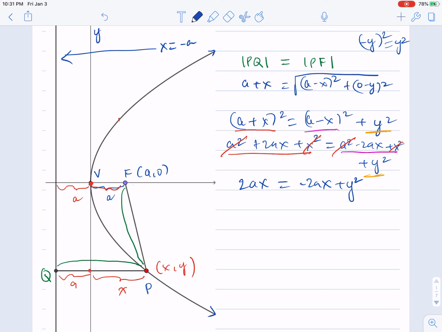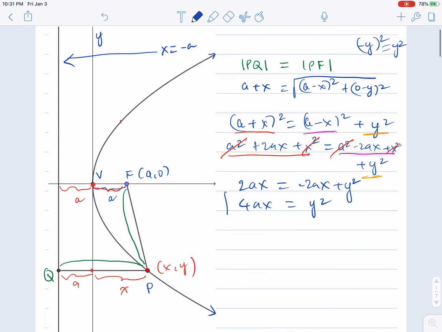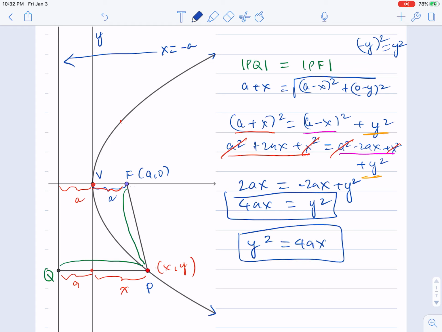Which means that if we add 2ax to both sides, we have 4ax equals y squared. So nag-add lang ako ng 2ax sa parehong side. Pwede rin natin isulat as y squared is equal to 4ax. Okay? Familiar ba kayo? At dito, a is greater than 0, di ba?